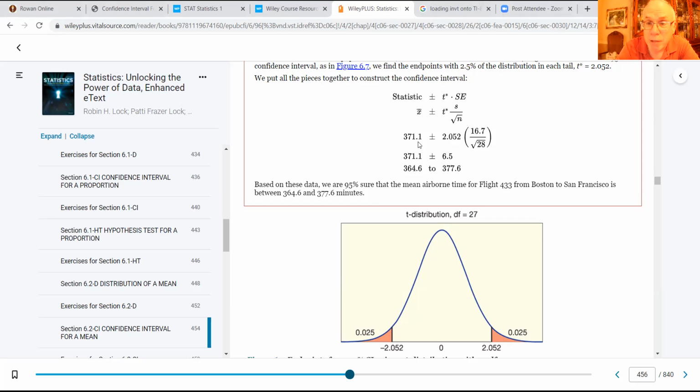Even if they picked 28 flights, they would most likely pick 28 different flights, not the 28 that were selected here. And as a result, they would get a different confidence interval, but they could say, for that particular confidence interval, we're 95% sure that it does contain the true population mean.